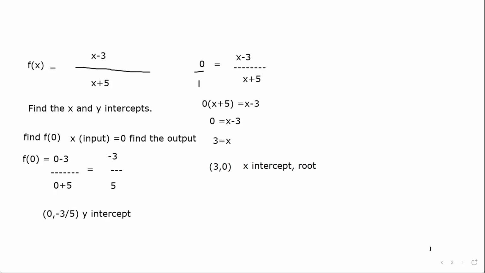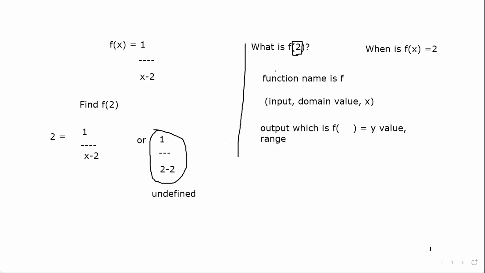Now let's go back to this for a second here, because I think you can put it together now. If I ask you to find f of 2, right? This is not a limit, is it? No. Now, here's the thing.